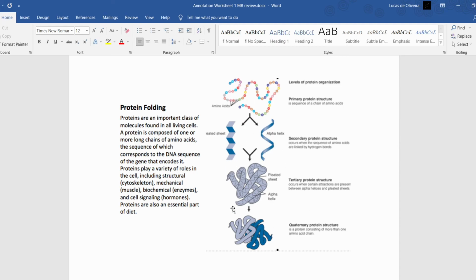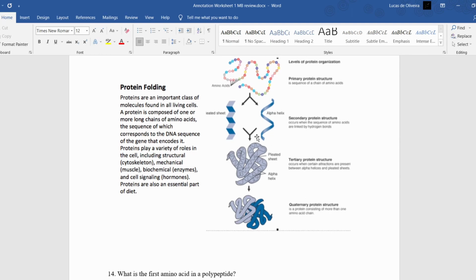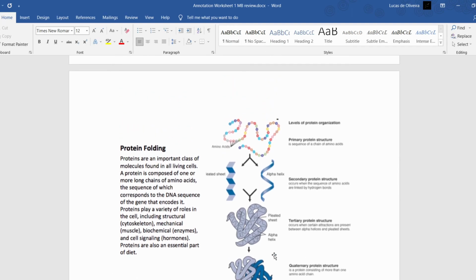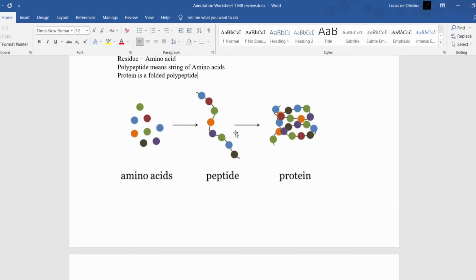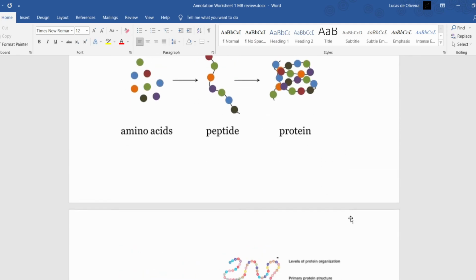Then as they start to form more complex shapes, you'll get a tertiary structure, which can be like a domain or something. And then the quaternary structure is when there's multiple tertiary structures folded together. So that's from least complex to most complex, and that is protein folding. So that kind of separates the peptides from the polypeptides from the proteins.